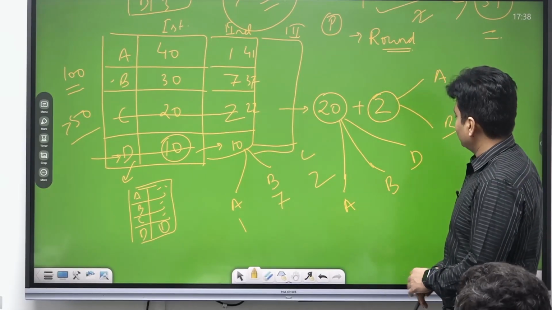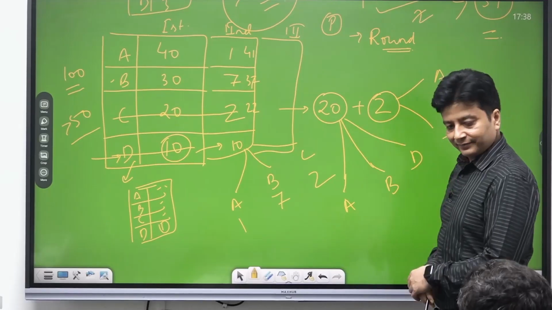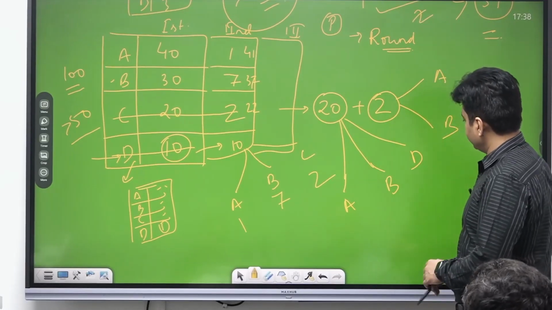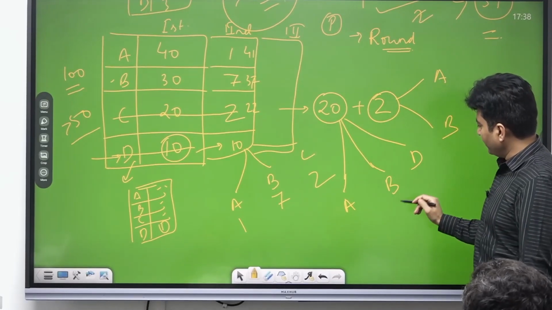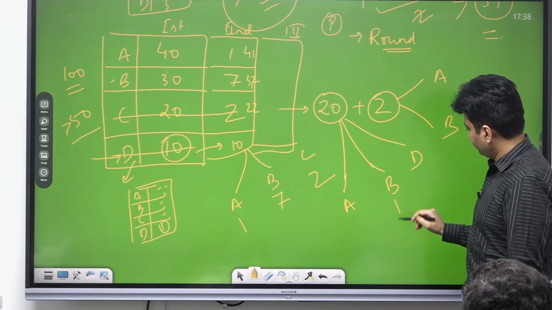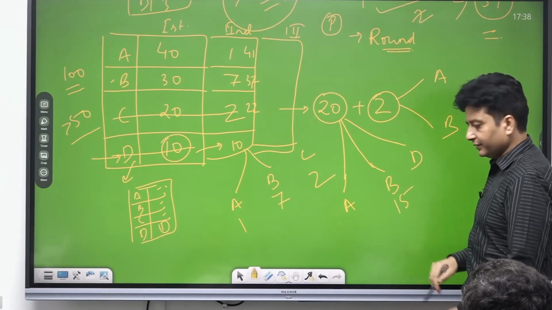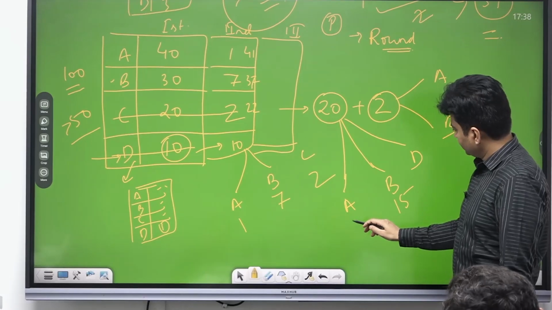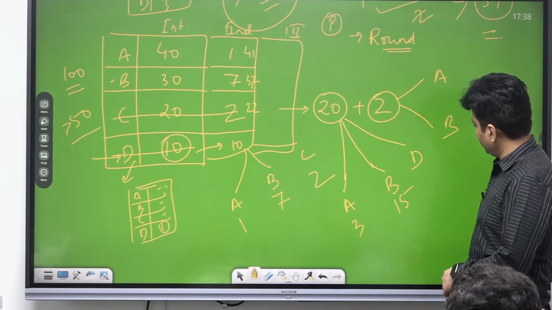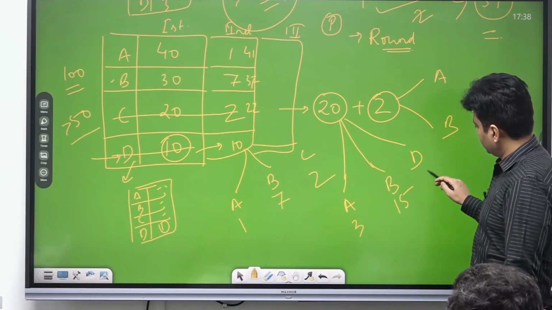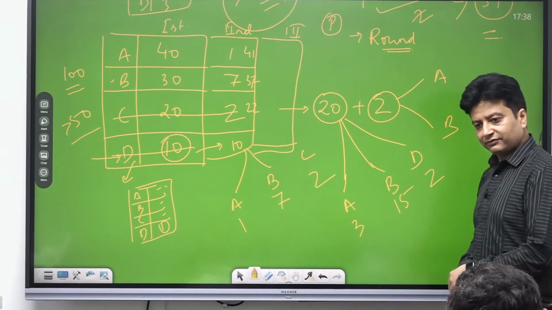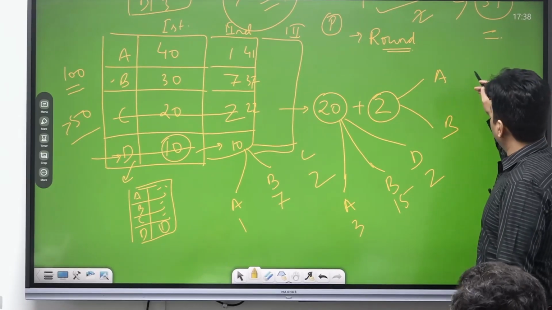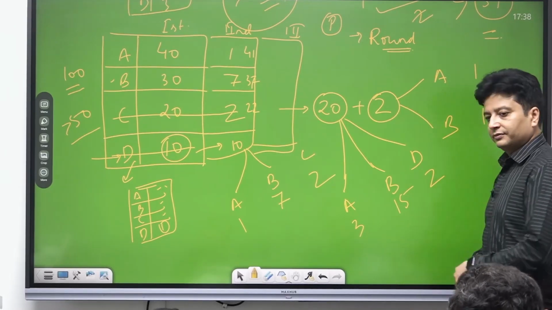Right? Now, in this 20, what we are doing here, we are giving 15 to B and 3 to A and 2 to D. That's fine. And for A and B, we are giving 1 each. That's okay.